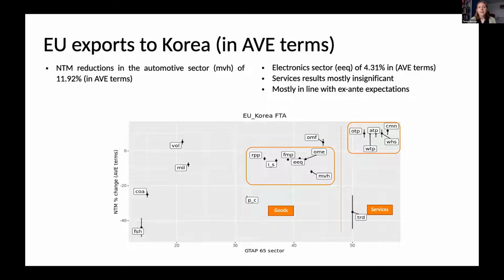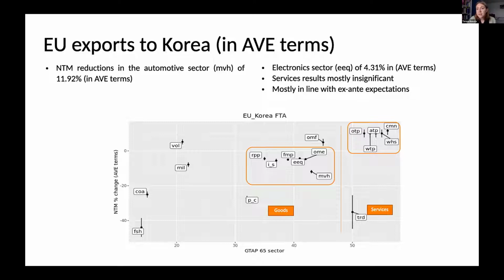And when looking at the results, again, as I said, there's a similar trend going on here with the manufacturing reductions clustered together at similar magnitudes, and then we have the services increases in the right-hand corner.